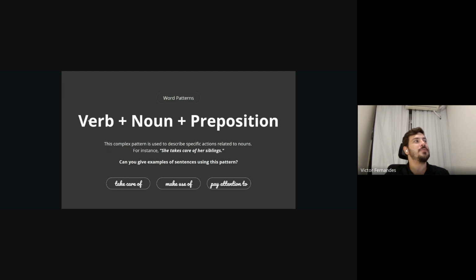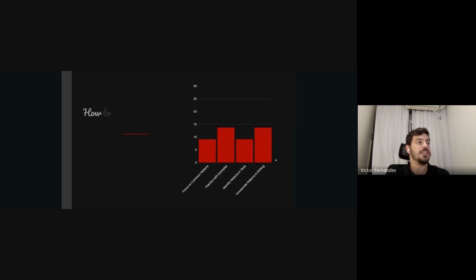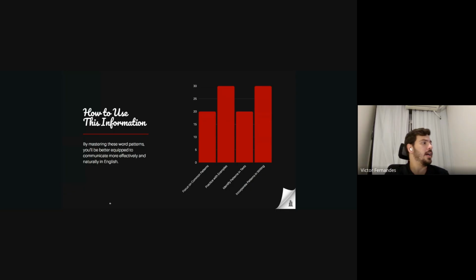The next pattern that we have is a verb, noun, and preposition. So: pay attention to, make use of, and take care of. That's very simple, so let's move on. We are currently on slide number 14.